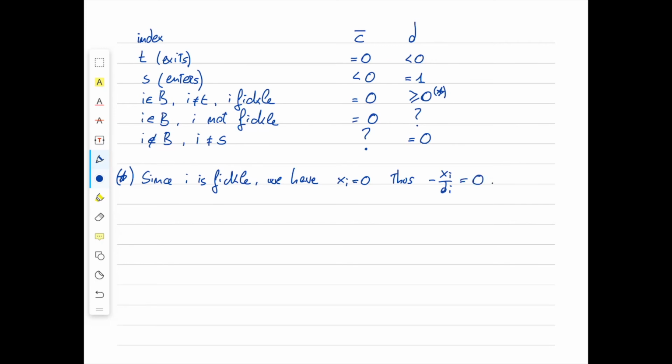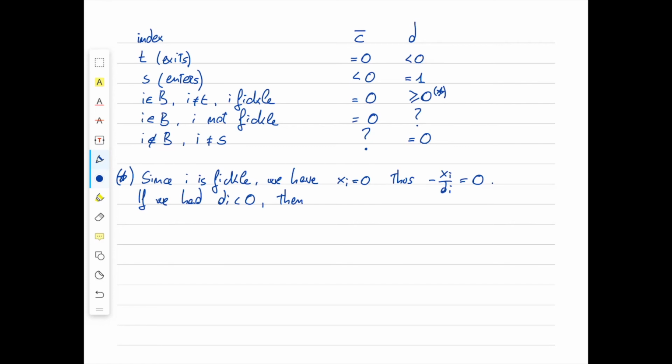So now let's prove that d_i is greater than or equal to 0 by contradiction. If we had d_i strictly negative, then the index i would have been considered when choosing the exiting variable, and it also would have achieved the smallest possible ratio because the ratio is 0.